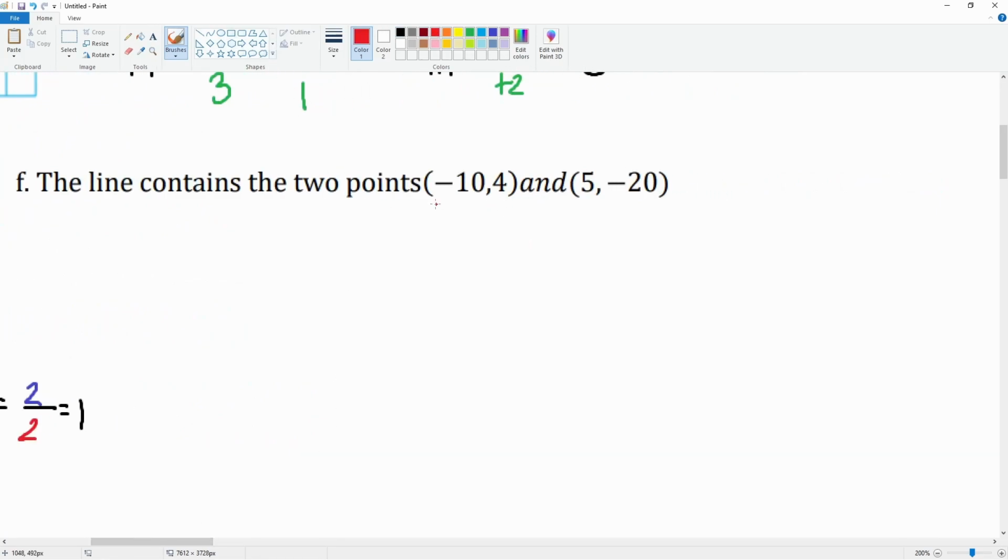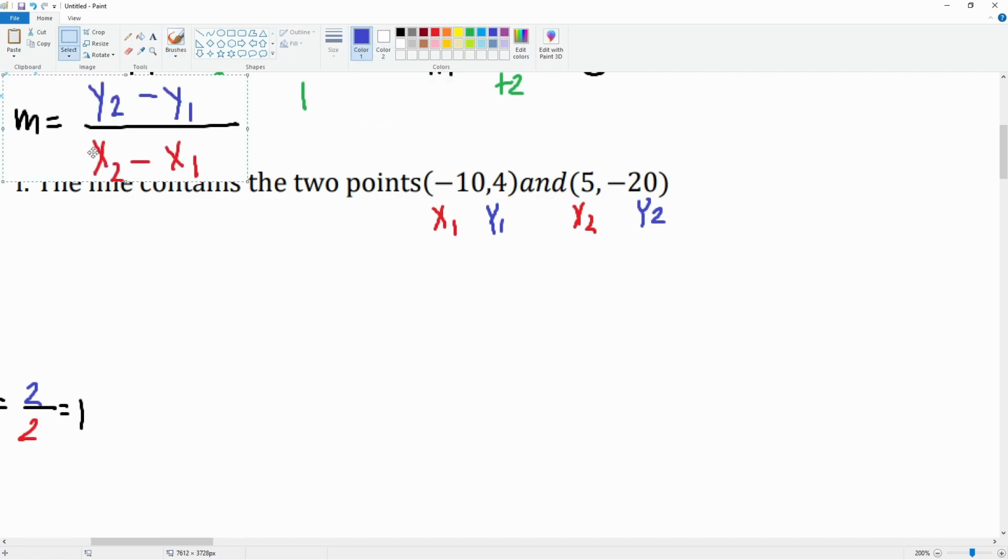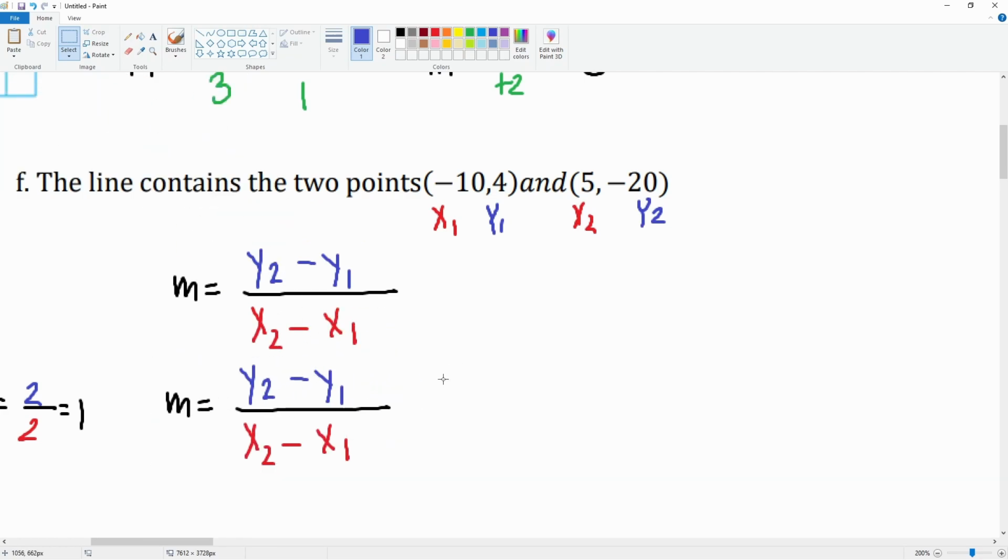Let me label it for you. This is the first point, so this is x1. This is the second. This is the first y, so this is y1. Okay, this is x2, and this is going to be y2. Okay, and let's see. Do we have the formula? Yeah, here's the formula from before. Okay, here's the formula. We're just going to erase things and fill it in. So y2, it is negative 20. And y1 is 4.